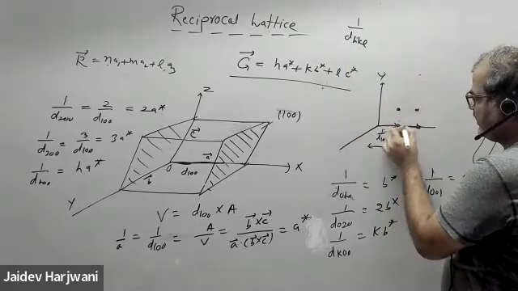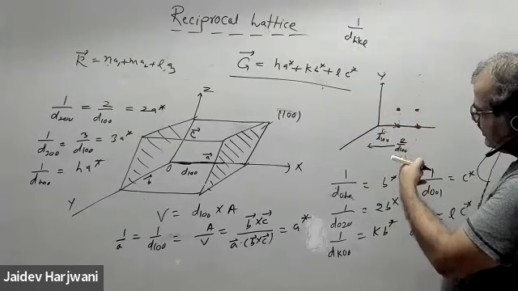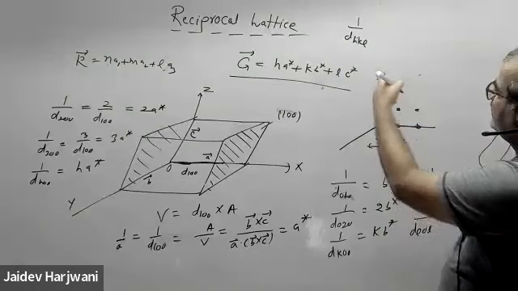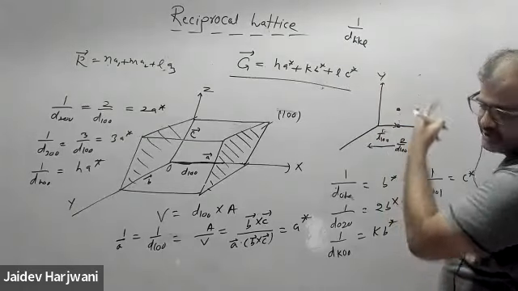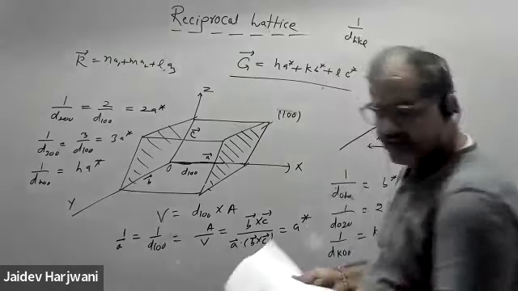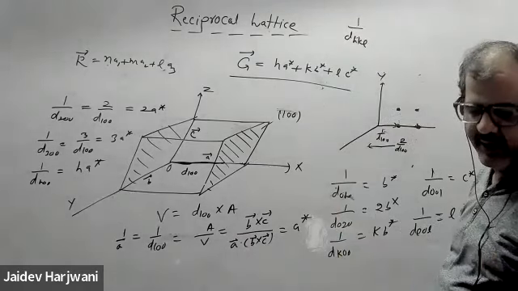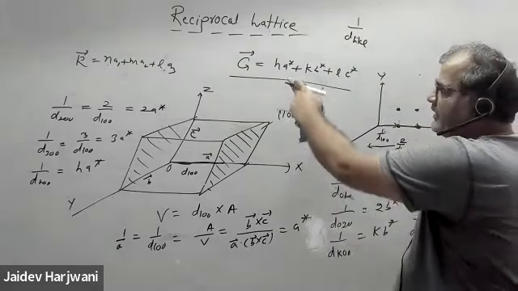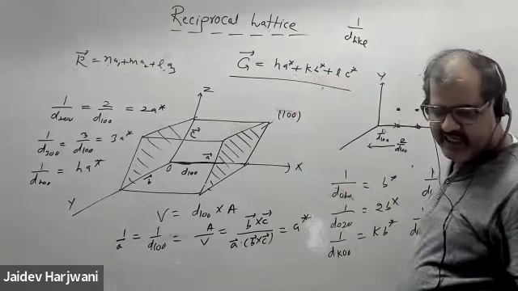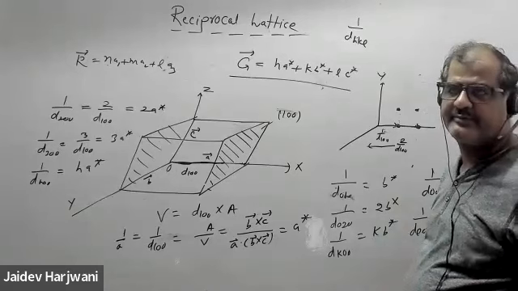Similarly, this is my reciprocal lattice vector. Its magnitude will be 1 by d200. Okay, so in conclusion, what I'm trying to say, is this point clear or not, when I say that any point in reciprocal lattice can be written like this, where hkl are the Miller indices? This point is clear or not?